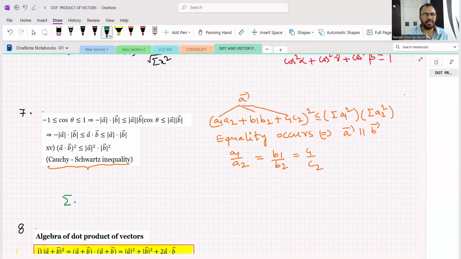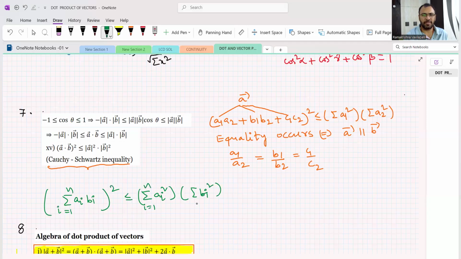Like I can take sigma ai bi, i equal to 1 to n. It is an n-dimensional space. Whole square is always less than or equal to the square of the magnitude of the first vector, nothing but sigma ai square, and the square of the magnitude of the second vector, sigma bi square, of course i is equal to 1 to n.